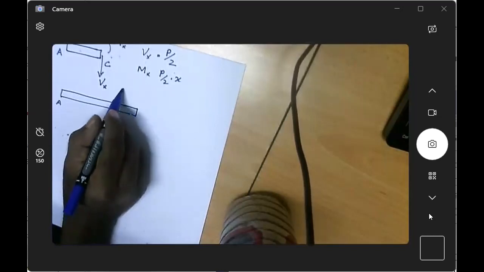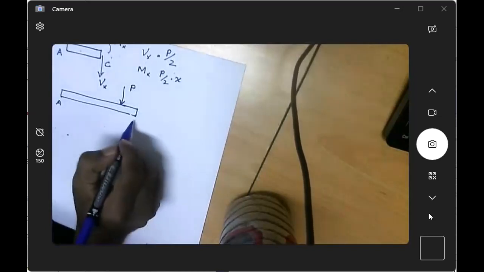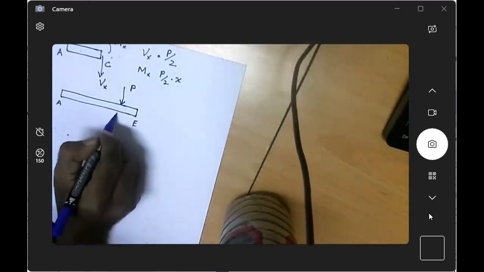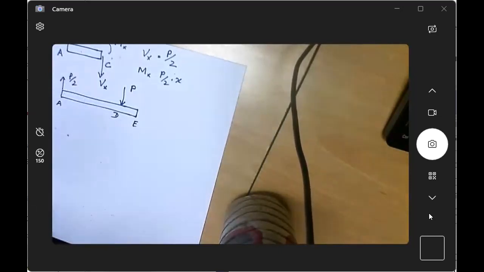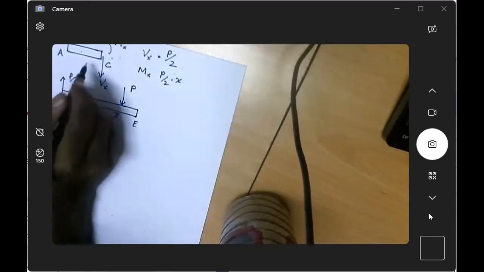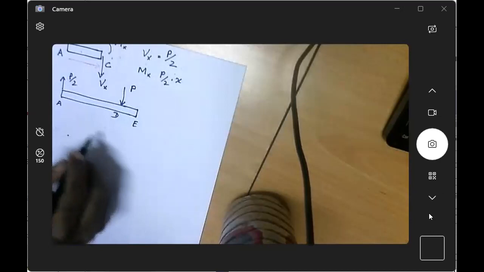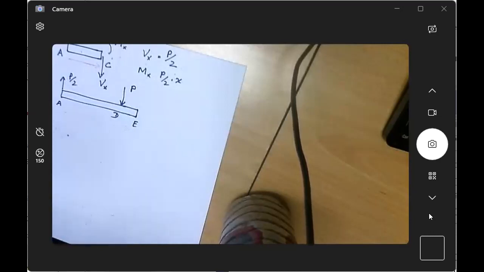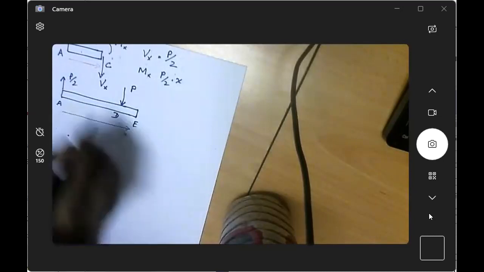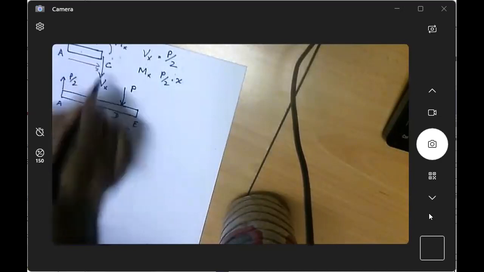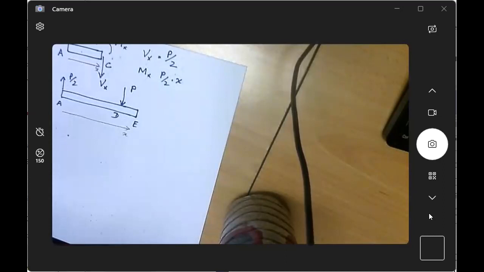At point D we have load P. Here we have the reaction P over 2, and the total length from A to the cut will be X. Now again, do the same thing we did for the previous case.